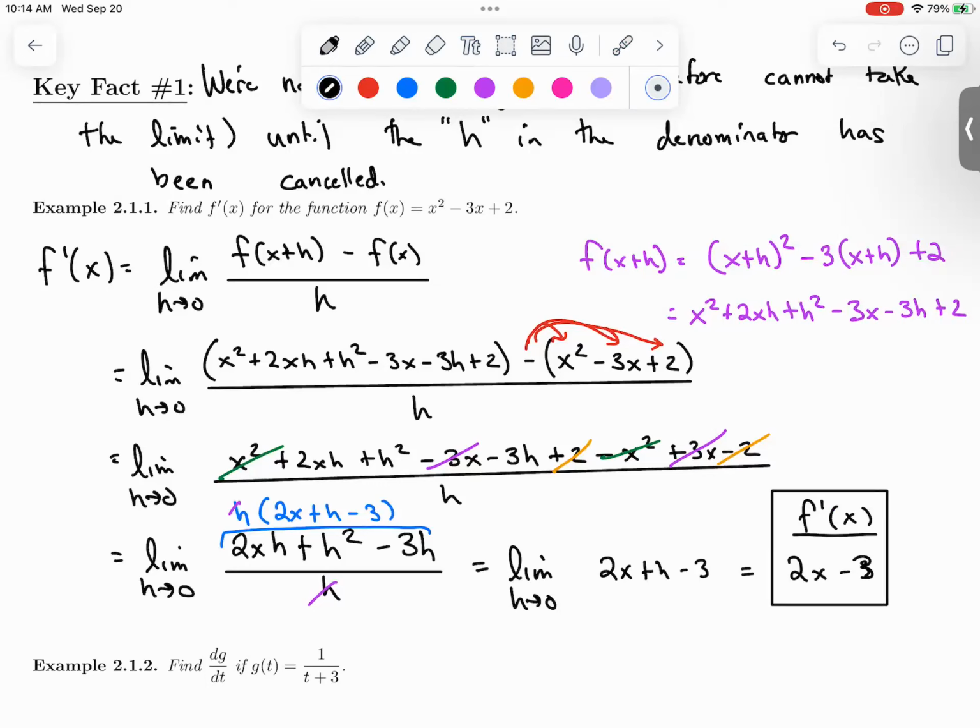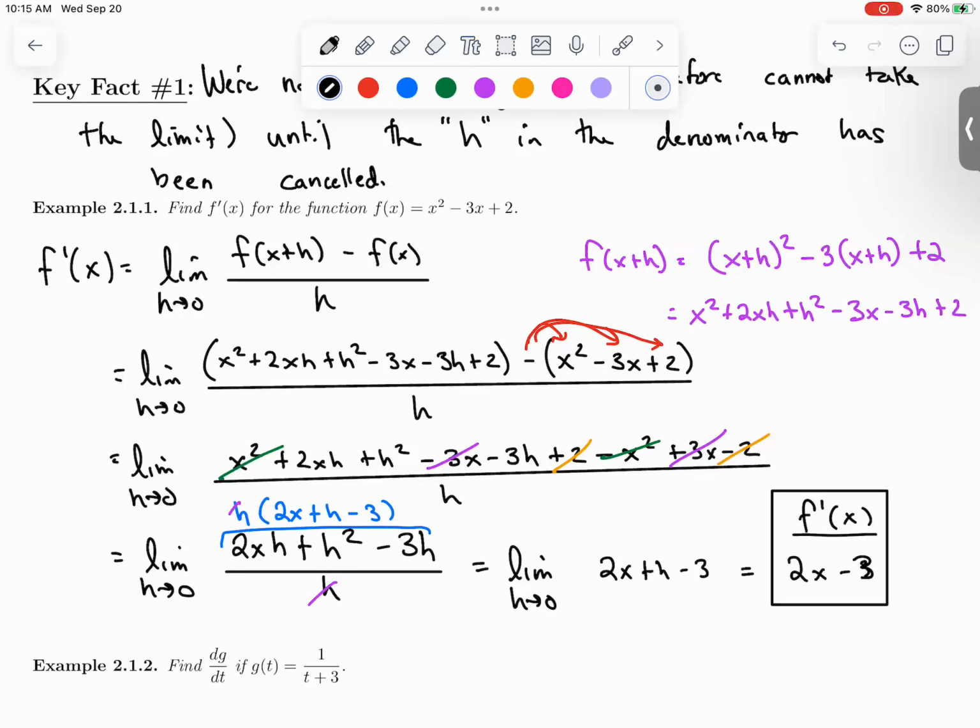In section 2.2, we will learn the rules that make this a thing of the past. But as math students, we have to get ready to be hazed a lot. So this is a requirement that we have to do it this way until we learn that. Every student has to do this once. Every student has to do a definition of the derivative problem on a quiz or an exam. Hint, hint, wink, wink. Everyone has to do a definition of the derivative problem.